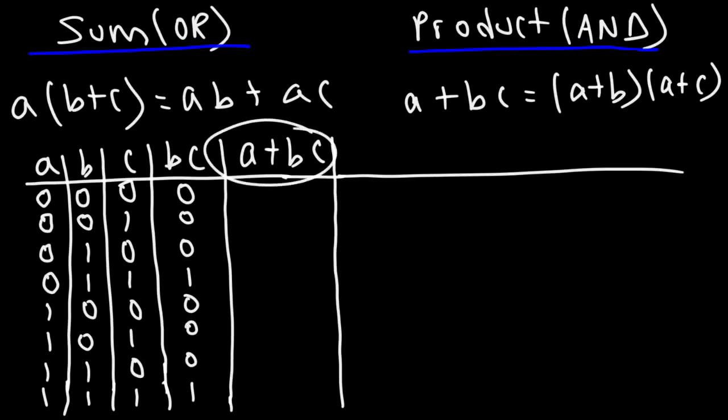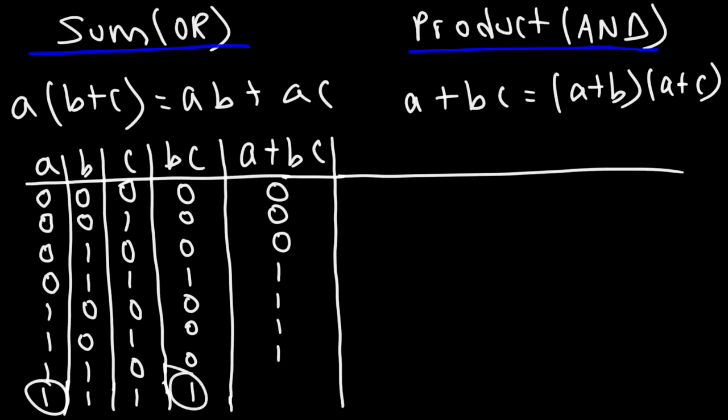Now for this one, we are going to add A and BC. So 0 plus 0 is 0. Here we have 0 plus 0 again, and then the next row is the same. Next is 0 plus 1, which is 1, and then 1 plus 0, that's also 1. And then you can repeat the process. The last one is 1 plus 1, which is 1.